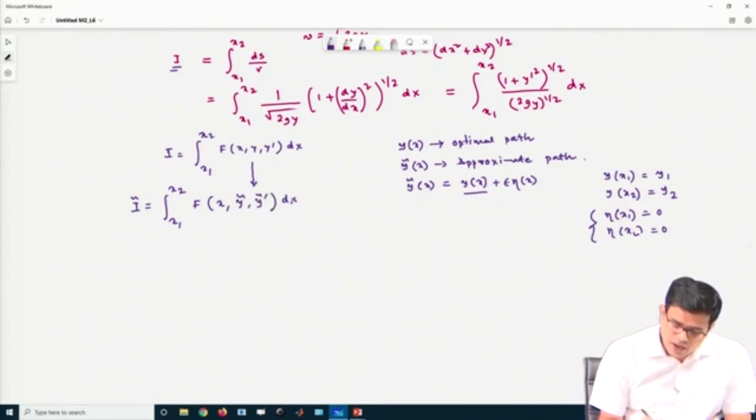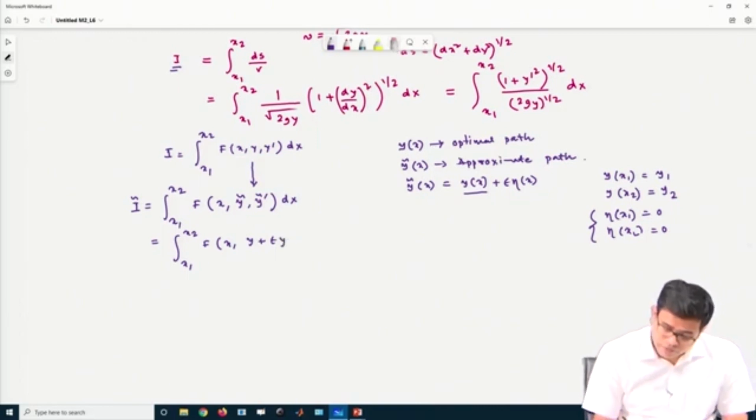This is my approximate functional. If I expand it a little bit, this is f of x, y plus epsilon eta, y prime plus epsilon eta prime. So this is my functional.